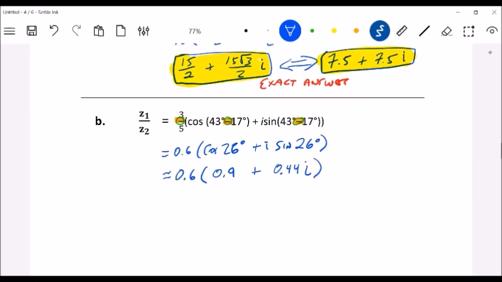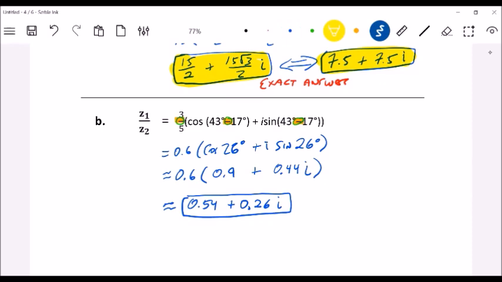Now we can multiply 0.6 to both of those, and we get an approximate answer of 0.54 plus 0.26i. And therefore, when you divide, you get this rectangular number.